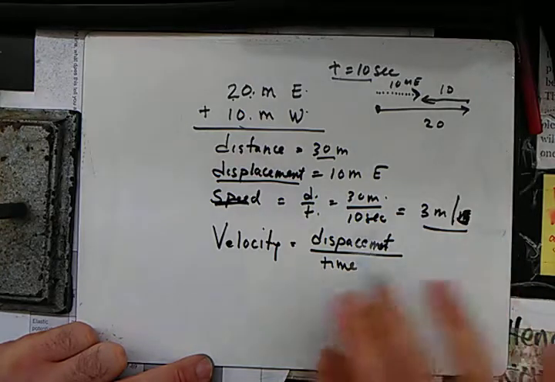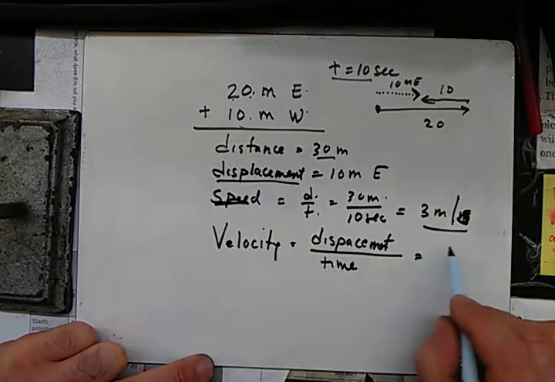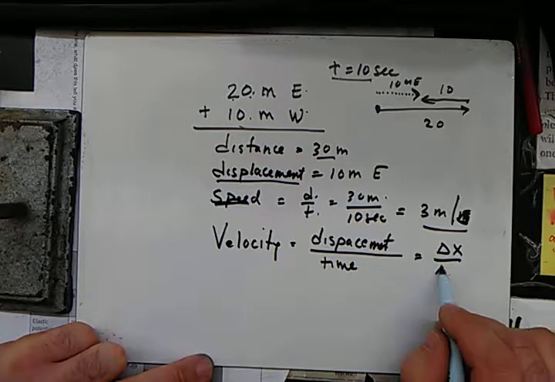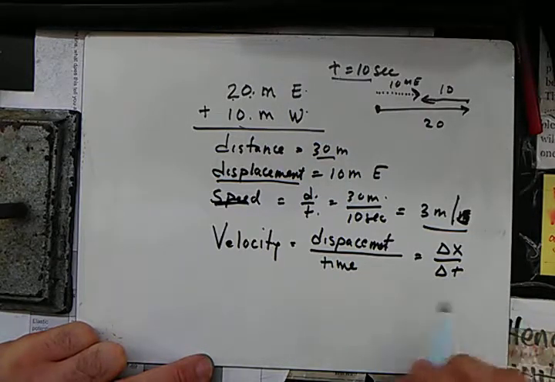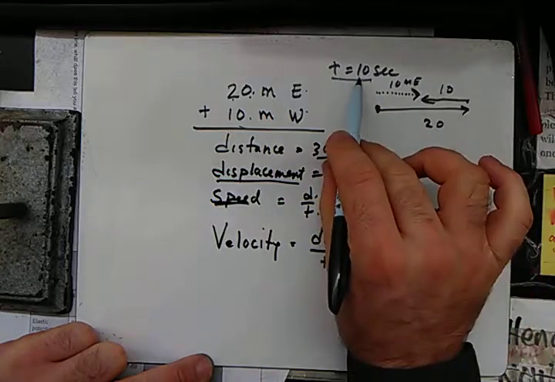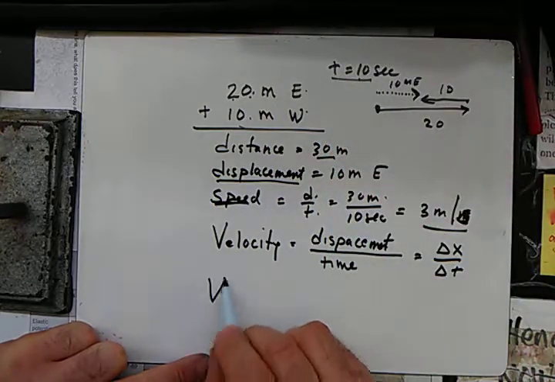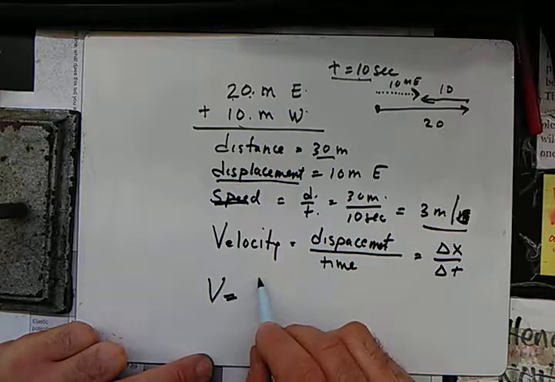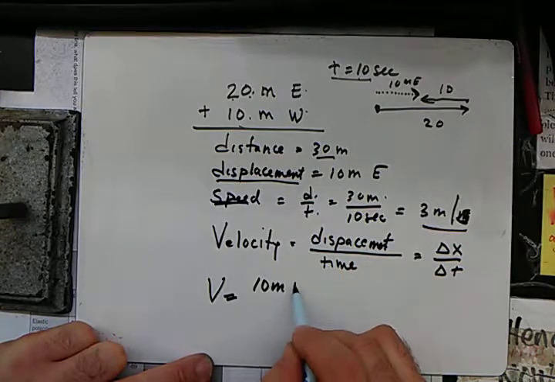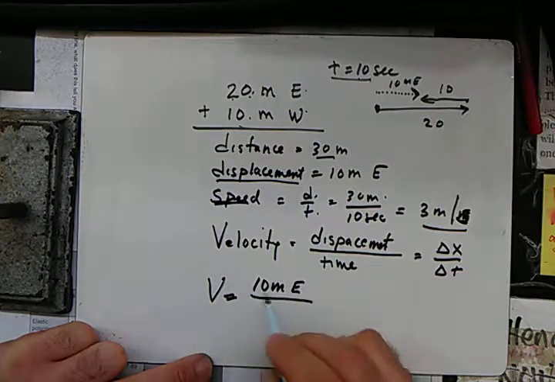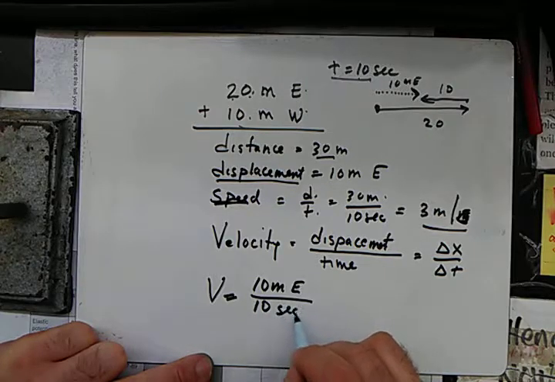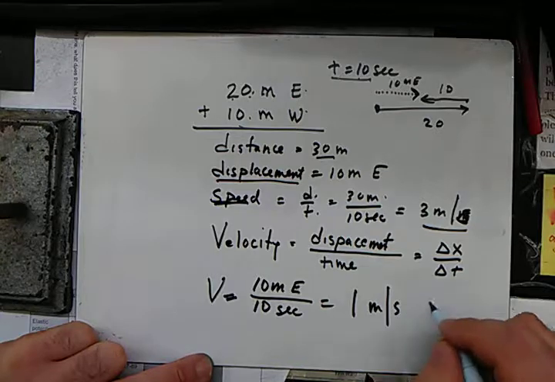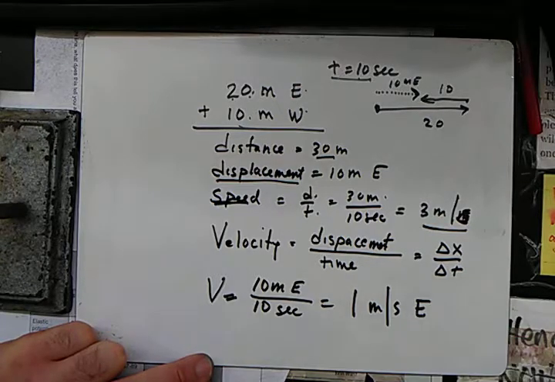We'll call this the displacement over the change in time. So if we did all this from 0 to 10 seconds, velocity equals displacement, 10 meters east, over 10 seconds. Velocity is 1 meter per second east.